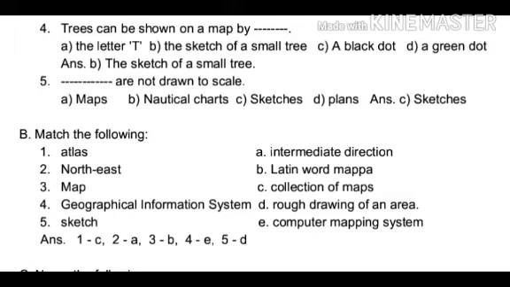Option B. Latin word mappa. 4. Geographical Information System. Option A. Computer mapping system. 5th, sketch. Answer D. Rough drawing of an area. Children, the answer is also written under the match the following.